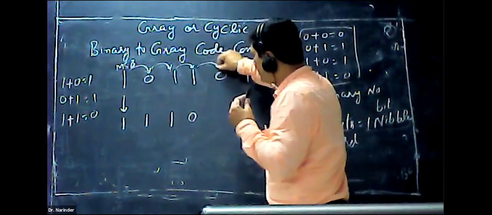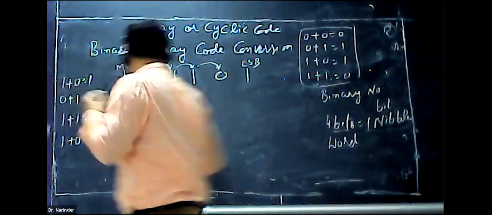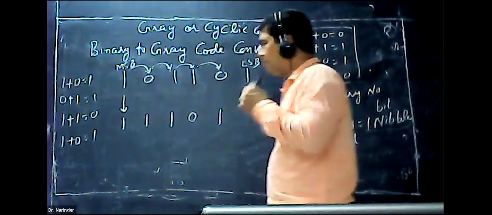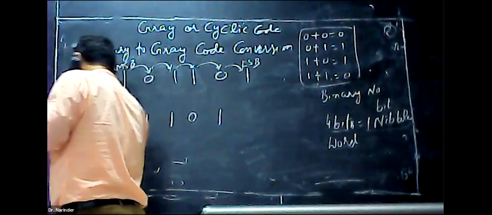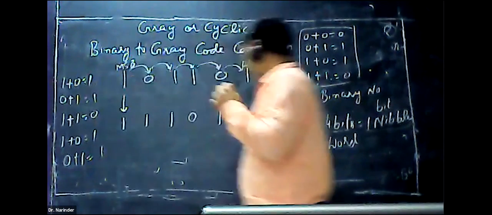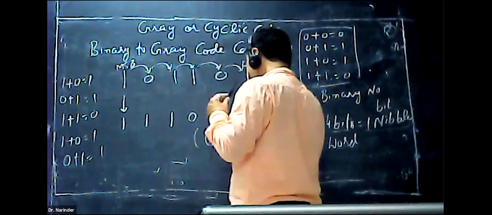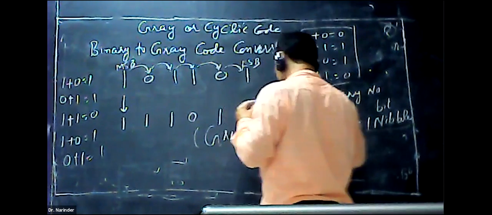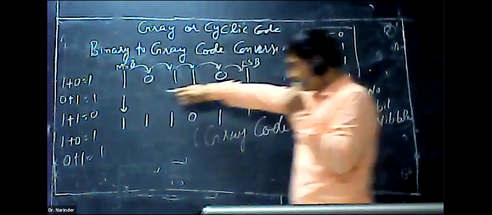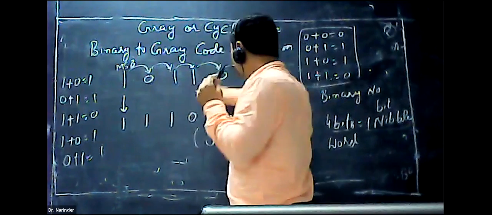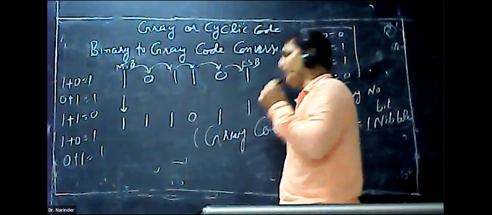Next is 1 plus 0, that is 1. Write here 1. Next is 0 plus 1, that is 1. Write here 1. So this is your gray code, which we have converted from the binary number 101101. Its gray code is 111011.